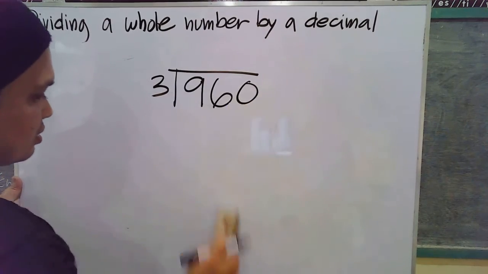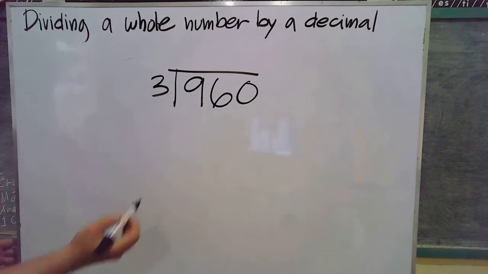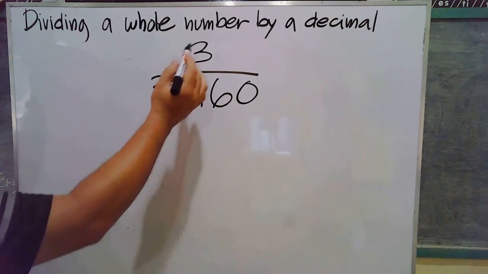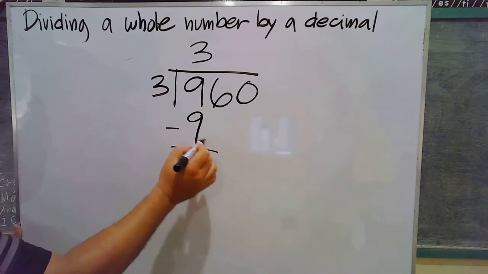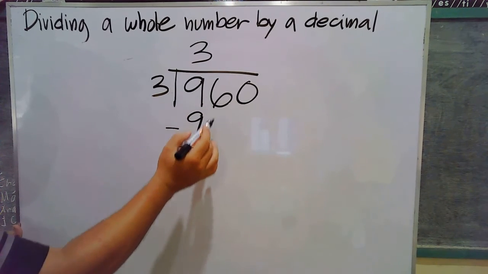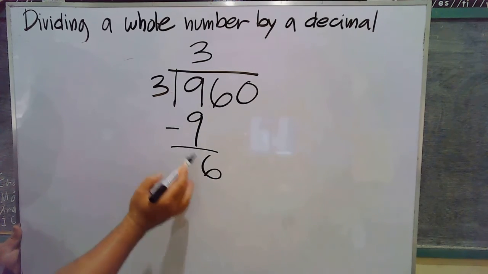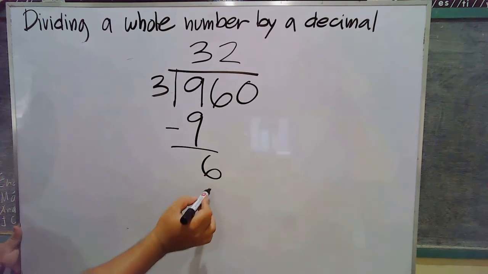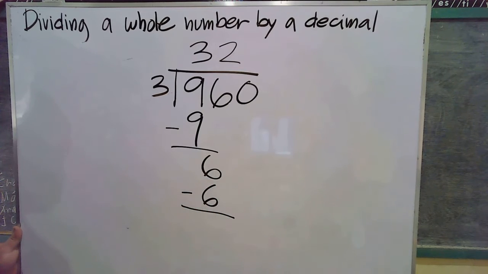We can now divide. Let's start. 9 divided by 3 is 3. 3 times 3 is 9. 9 minus 9 is 0. Bring down 6, so we have 6. 6 divided by 3 is 2. 2 times 3 is 6. 6 minus 6 is 0.